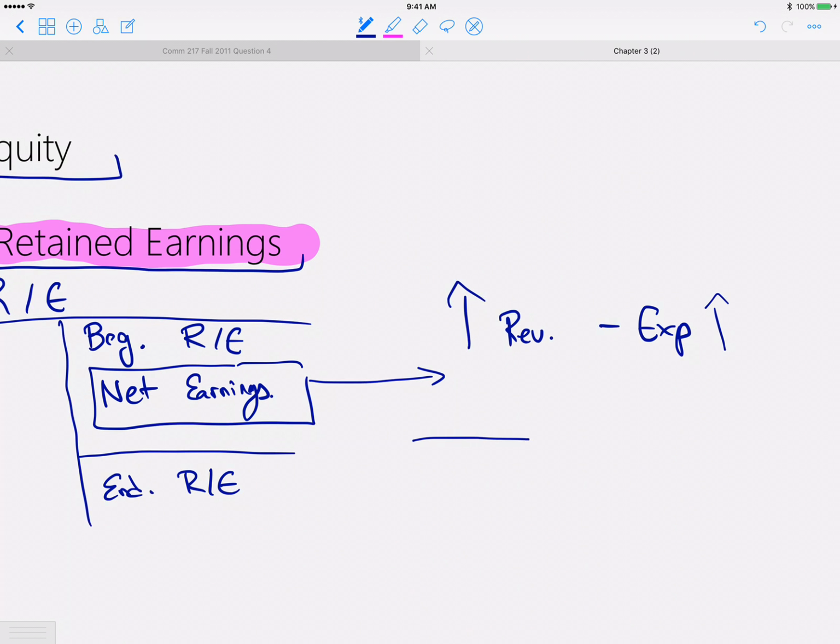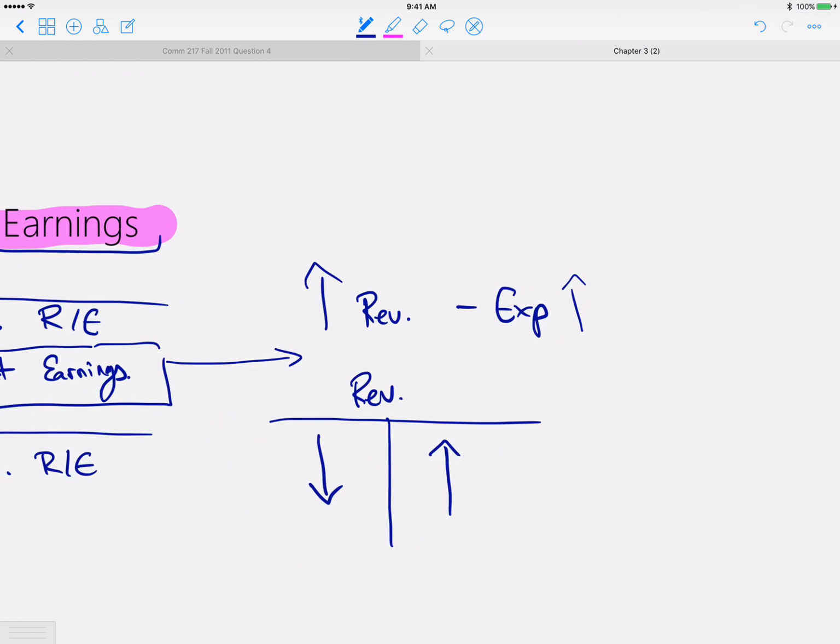So let's create T accounts for these two. So a revenue account would increase on a credit, and it would decrease on a debit. An expense would increase on a debit, like an asset, and it would decrease on a credit because it acts the opposite way of equity, right?